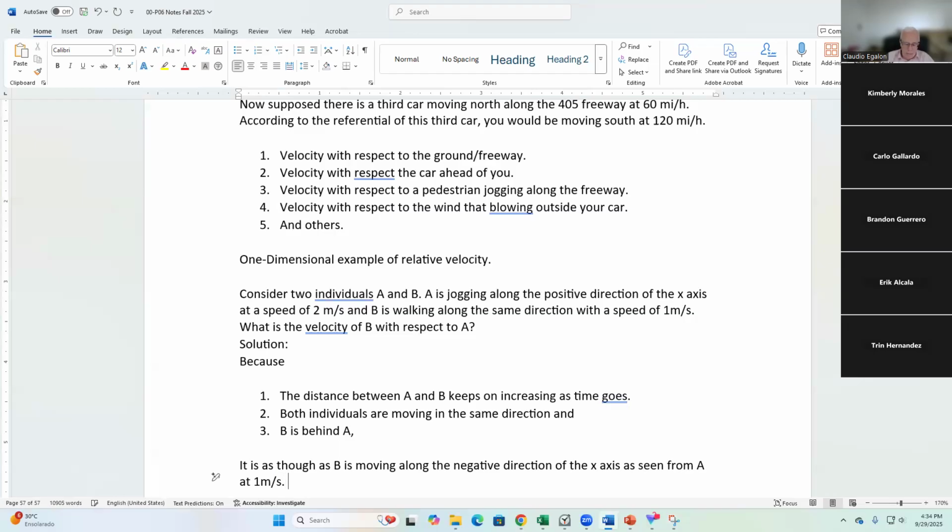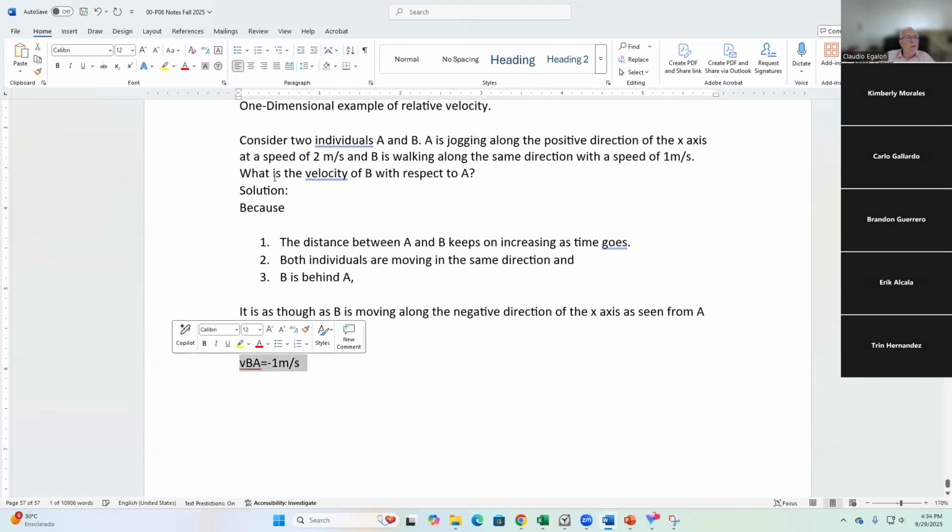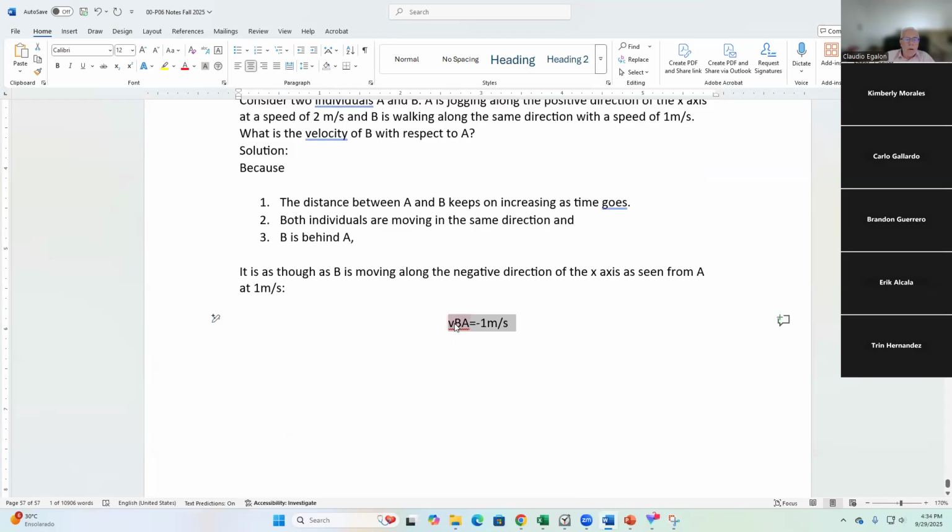So the notation that we use is like that. The velocity of B with respect to A, see that? B with respect to A is going to be minus 1 meter per second. Okay? That's the notation that we usually use.